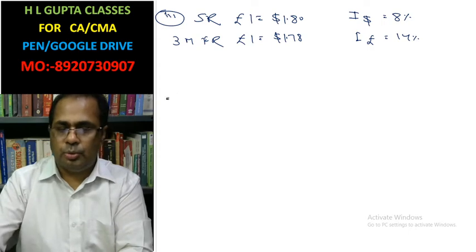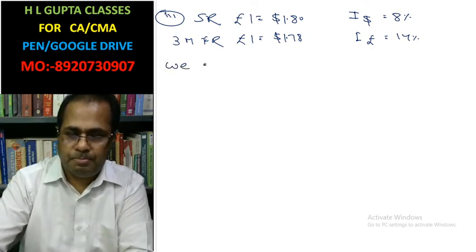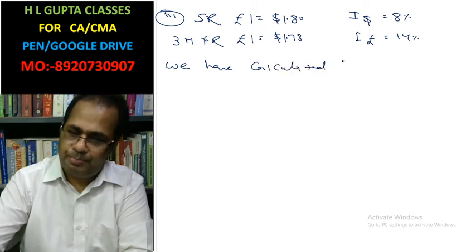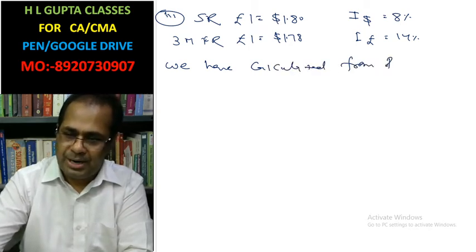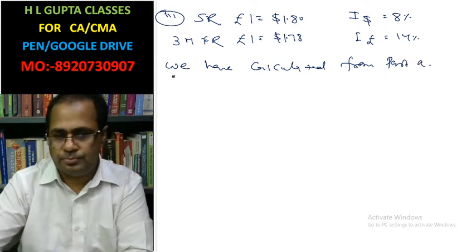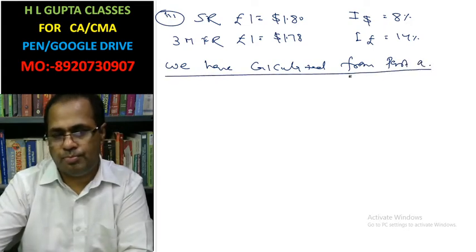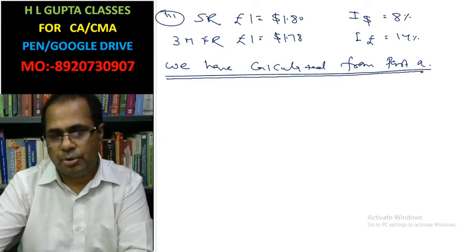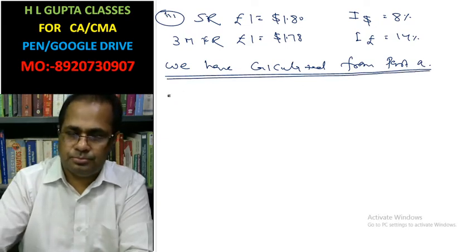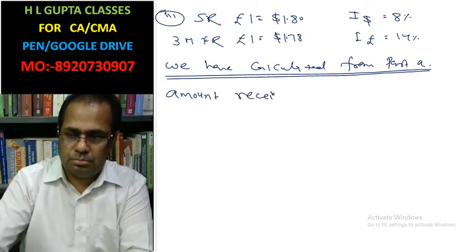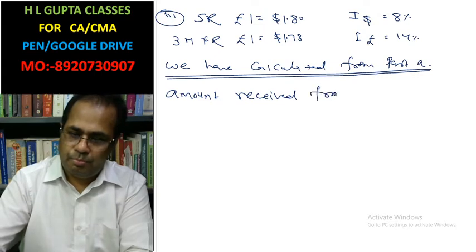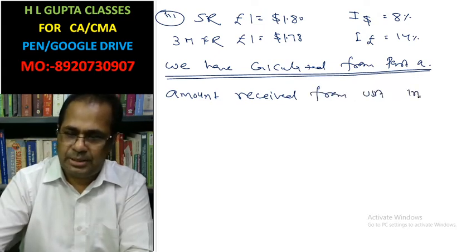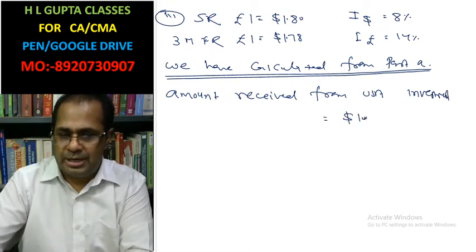From part A, the amount received from USA investment is $10,20,000.